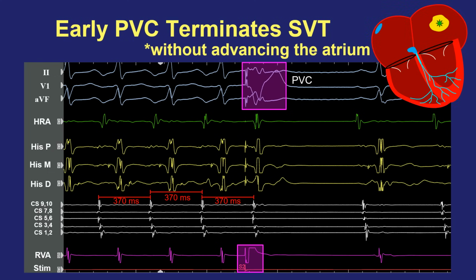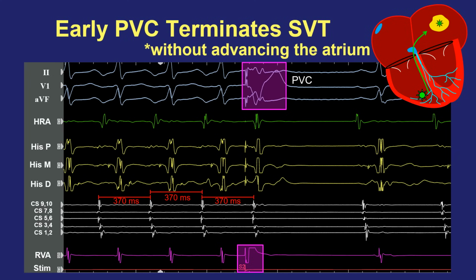Well, let's think for a moment about an atrial tachycardia where you have this firing spot in the atrium somewhere. If you were going to terminate that atrial tachycardia with an early ventricular beat, how would it do that? What's the mechanism? Well, you'd put in that beat, and in order to impact the tachycardia, it would have to go retrograde up the His-Purkinje system, up the AV node, and activate the atrium early in order to get to that atrial tachycardia focus in order to suppress it.